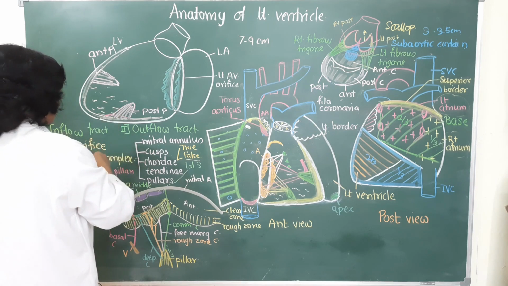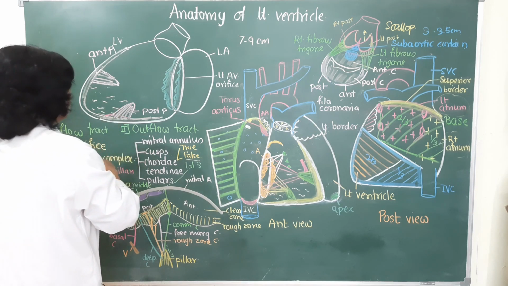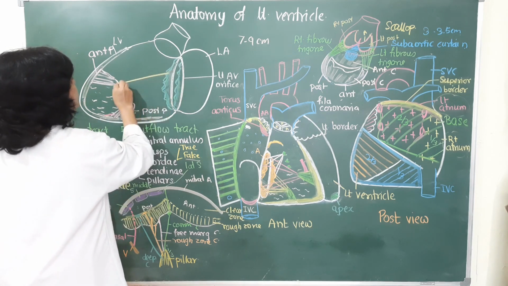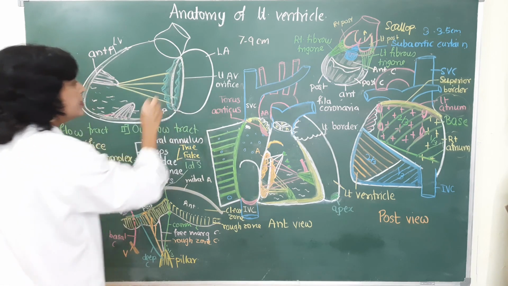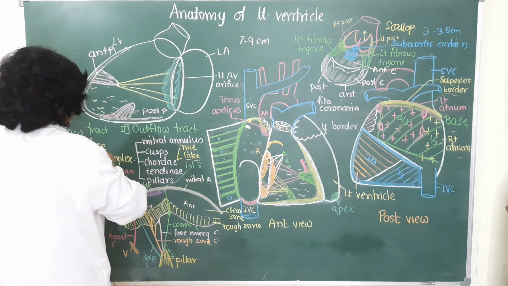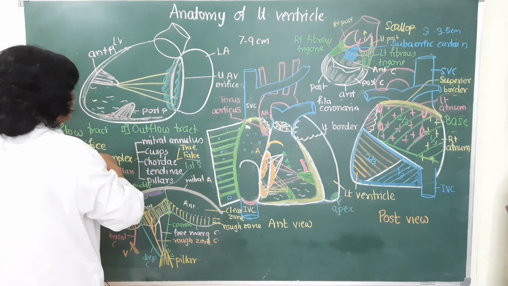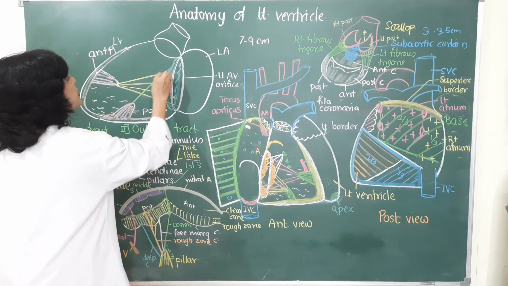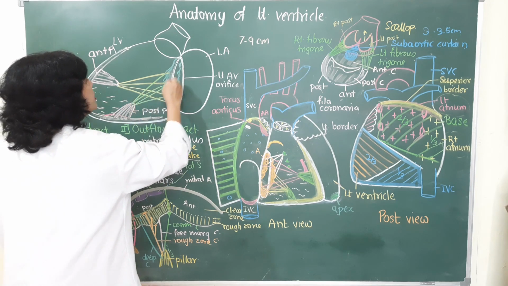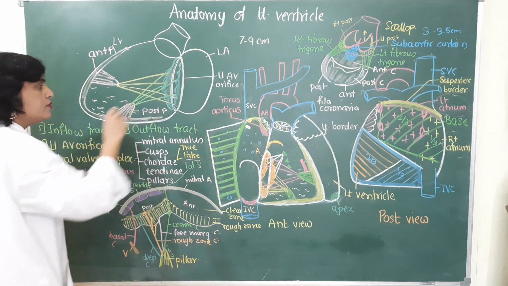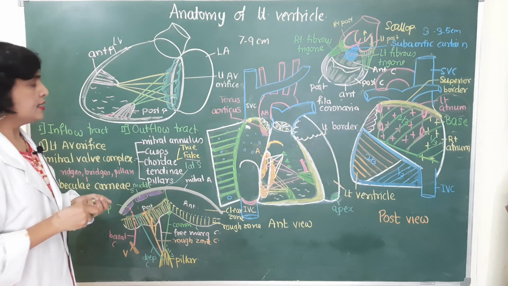The anterior papillary muscle is attached to both the anterior as well as the posterior cusp of the left atrioventricular orifice. The same is true for the posterior papillary muscle. It is also attached through the chordae tendineae to both cusps of the left atrioventricular orifice.